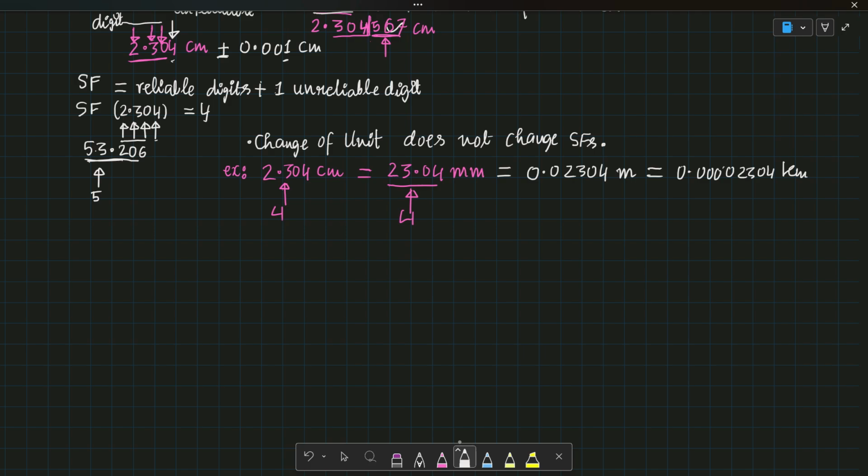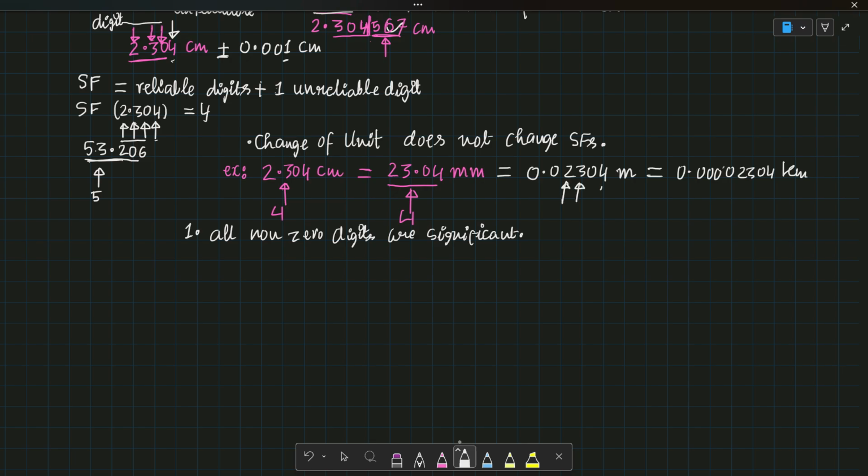The rules of significant figures are that all non-zero digits are significant. If any number is given and it is asked what the significant figures are, then we know that all non-zero digits, 2, 3 and 4, are significant.